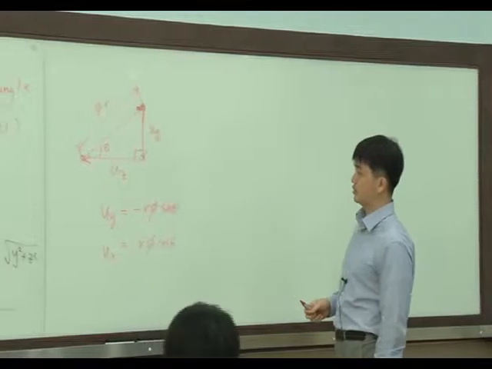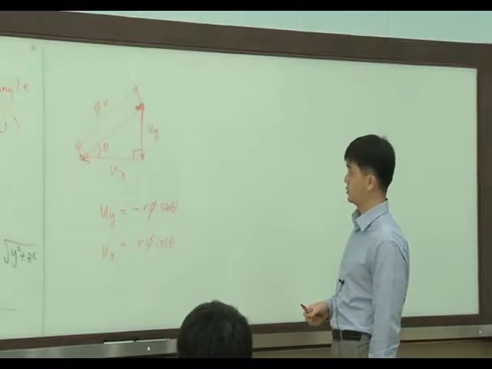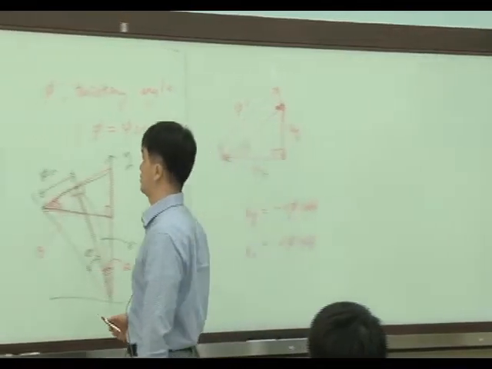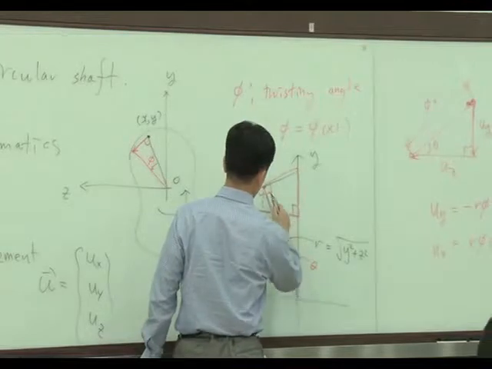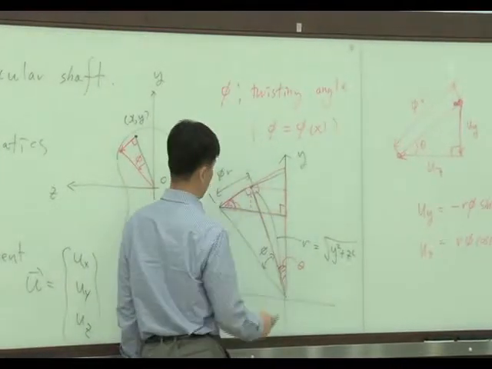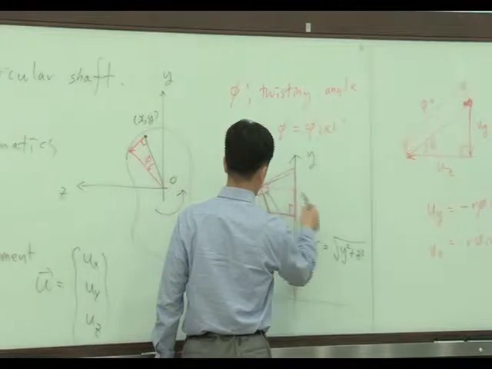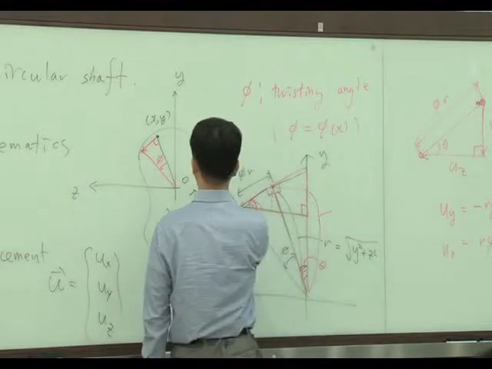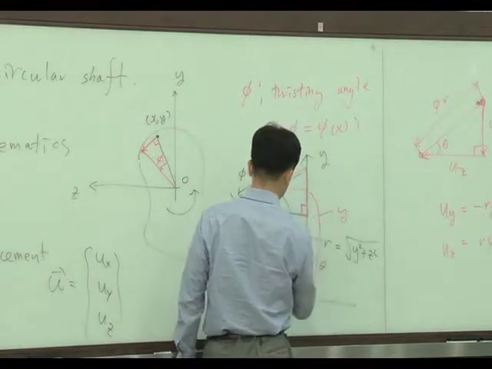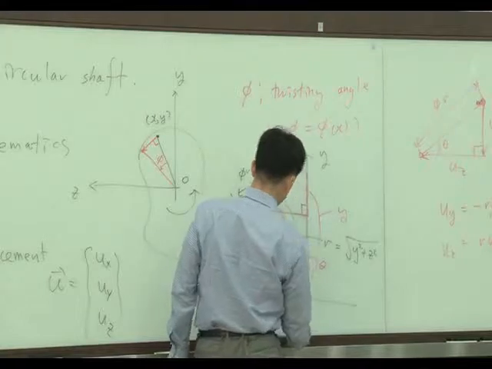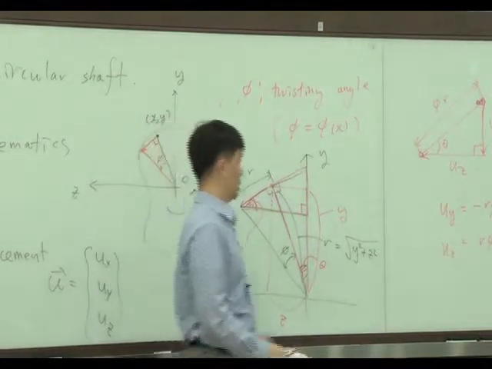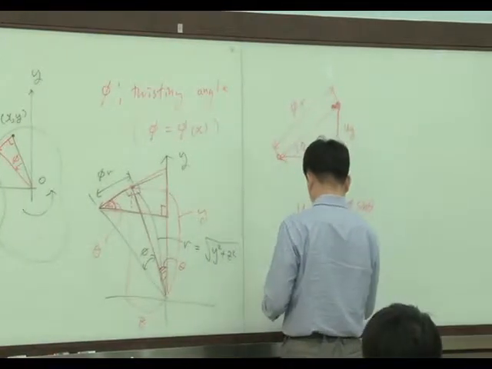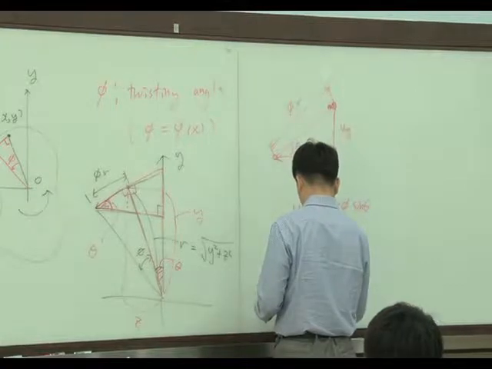And here we need to think about sine and cosine theta. This is theta here. Let's consider this triangle. From here to here is y, and from here to here, z. Then we can calculate sine theta and cosine theta with y and z.